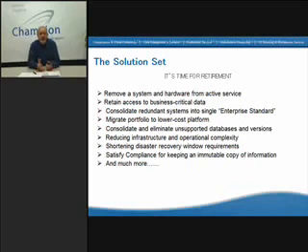And then, of course, consolidations and eliminations of unsupported databases and versions.